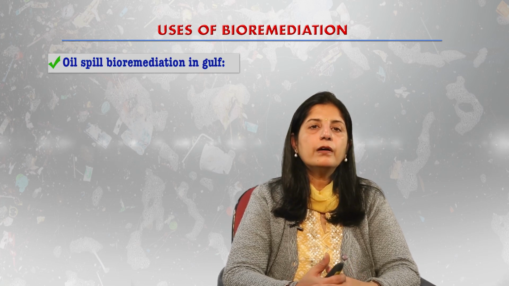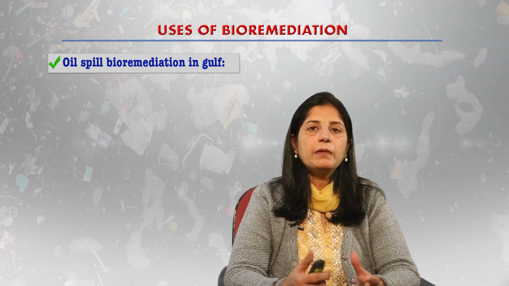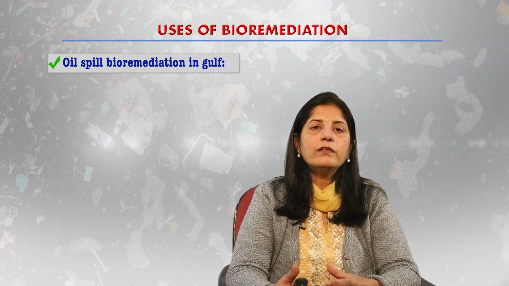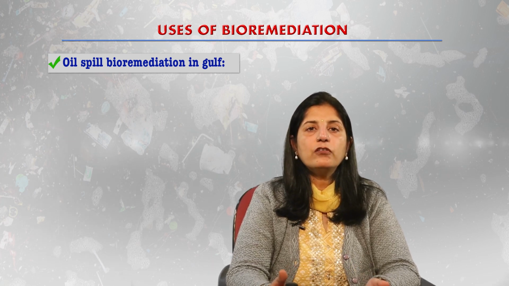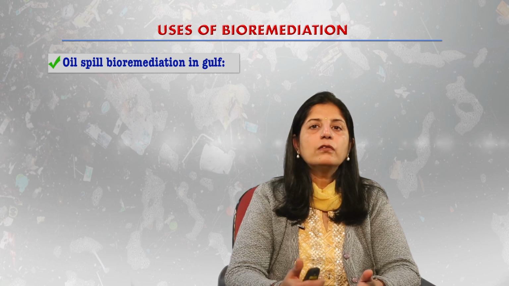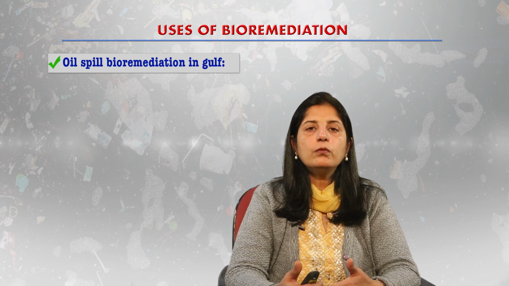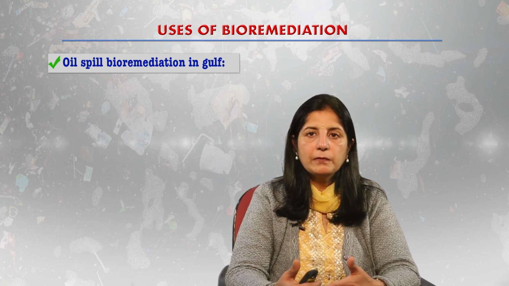Now, where has bioremediation been used? In the Gulf, where oil spills in water bodies have occurred in large amounts. We know that these oil spills are very dangerous to aquatic life. Many bacteria and fungi have been effectively used for bioremediation to clean up these spills.